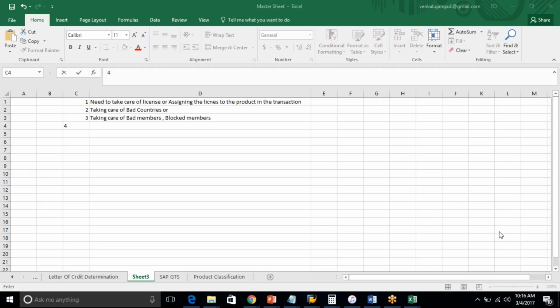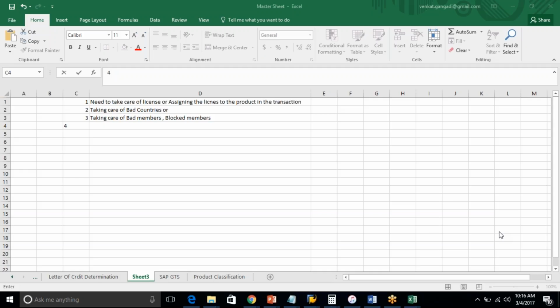Even for the customs authorities, it is very difficult to conclude what kind of product it is or what category it is, whether good or bad. So the customs authorities introduced a rule called classification of the products. They provide the classification codes.